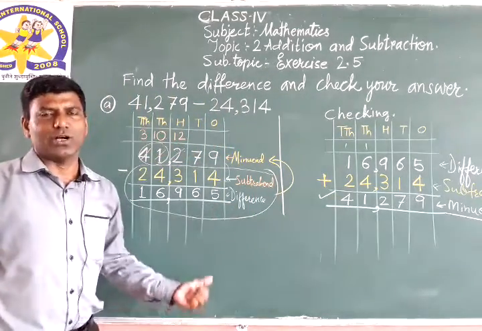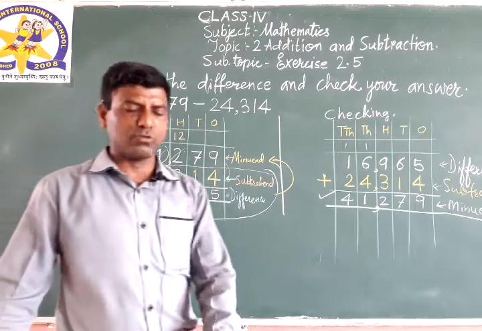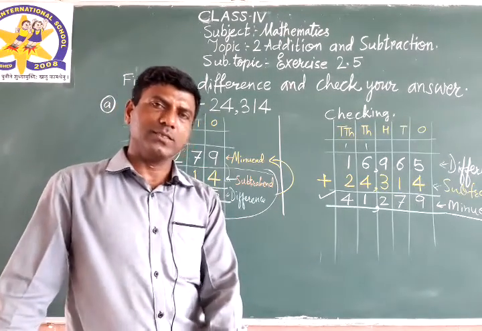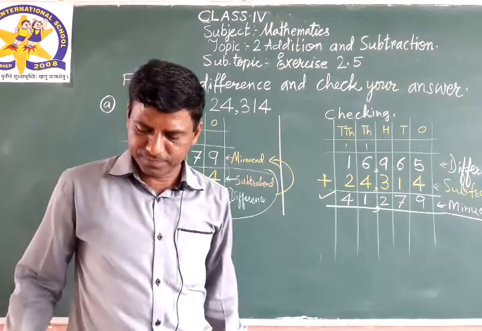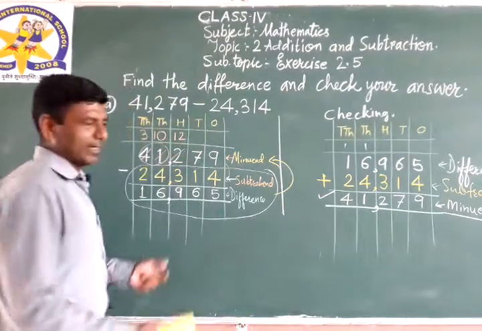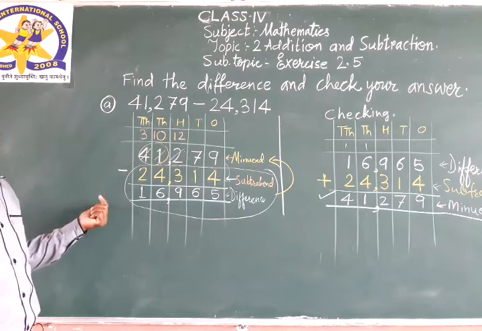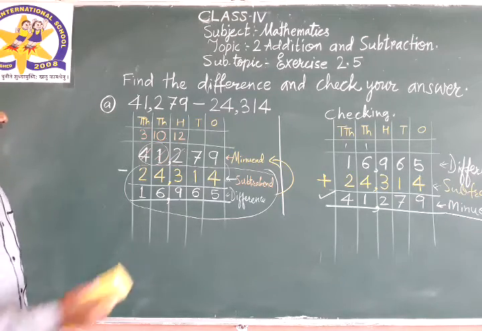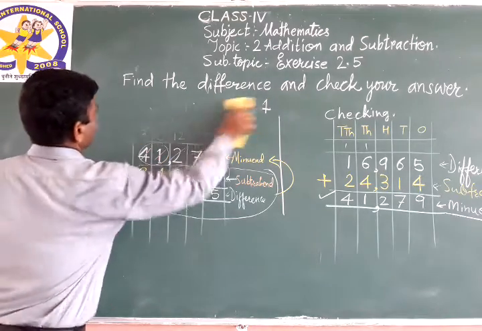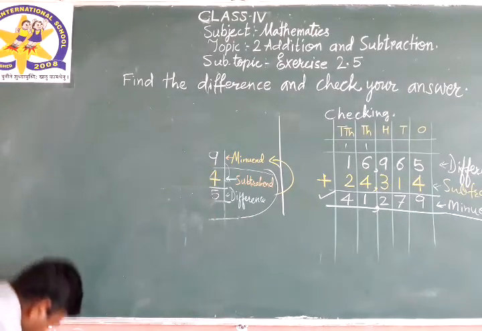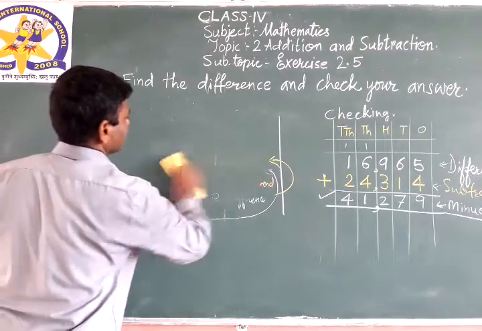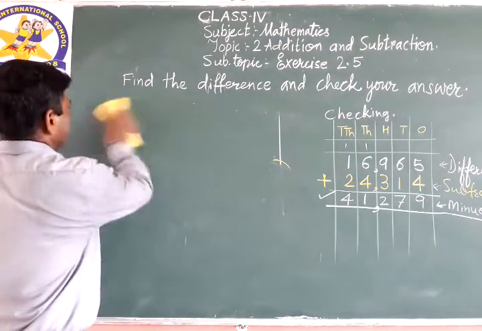Likewise, you will have to solve this exercise 2.5 in your notebook. Understand? Okay. Again one. Shall I rub this? If you want, you can take a screenshot. Now, again I will solve one. So very easy.